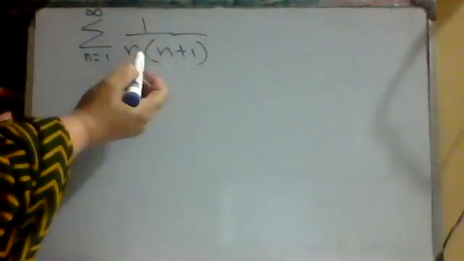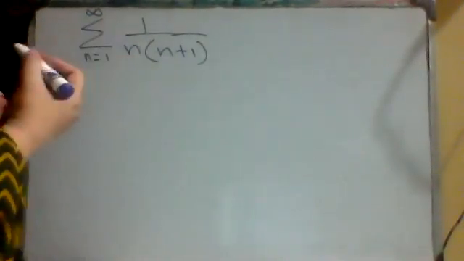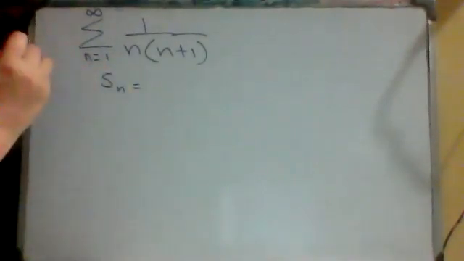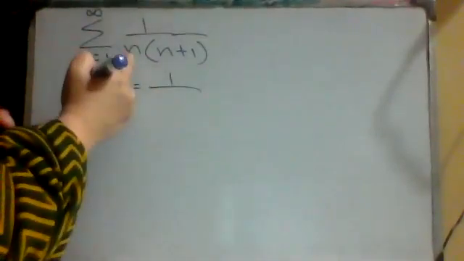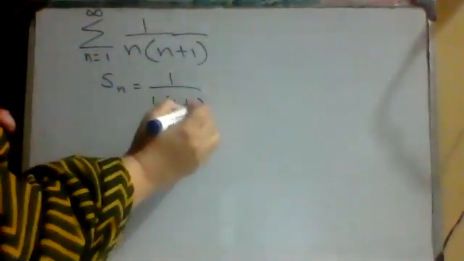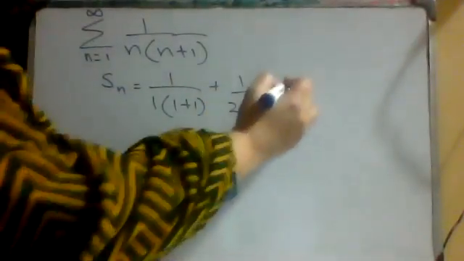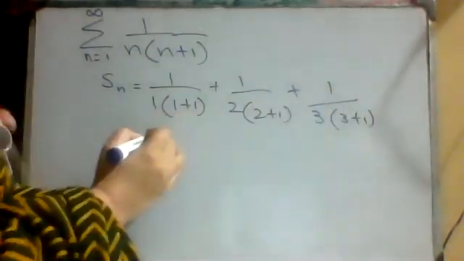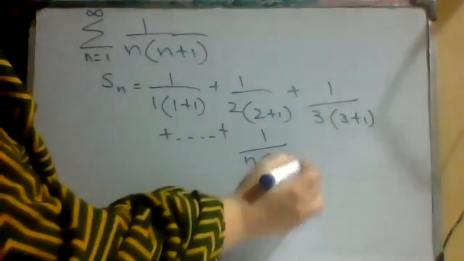Now the question is, show that the series summation of 1 over n into n plus 1, where n is from 1 to infinity, is convergent. So first I have to write its partial sum, the sum of the first n terms, which is 1 over 1 into 1 plus 1, plus 1 over 2 into 2 plus 1, plus 1 over 3 into 3 plus 1, and so on up to 1 over n into n plus 1.